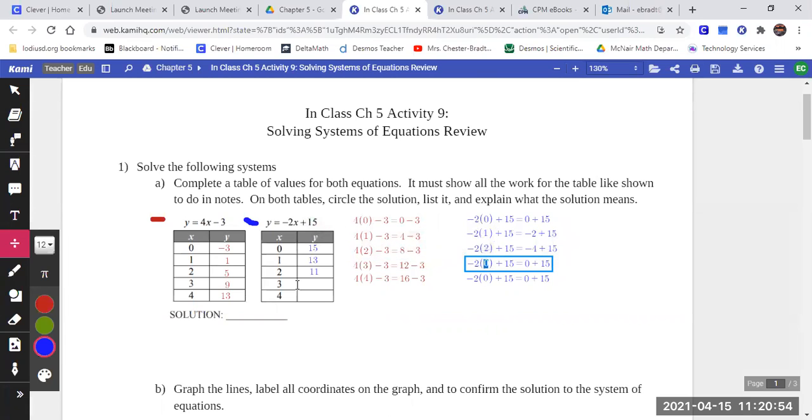AJ, what X are we on the table? So what should I change this 0 to?